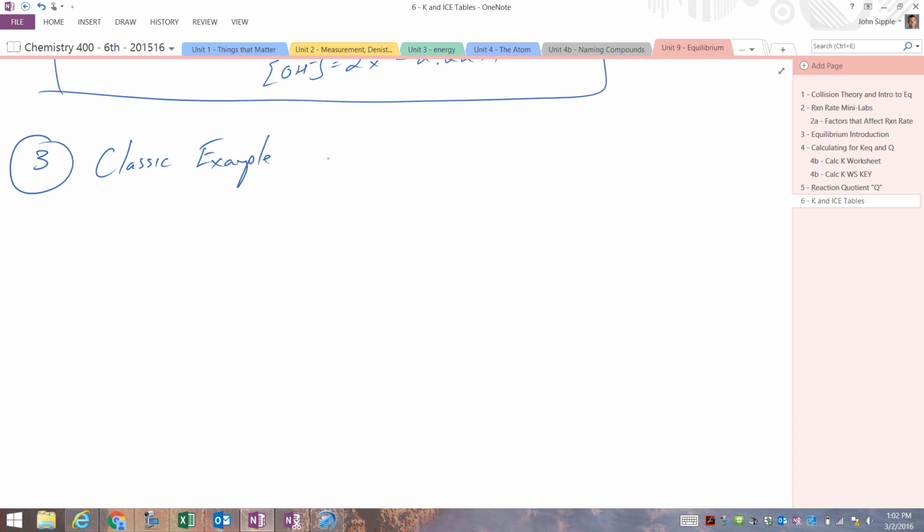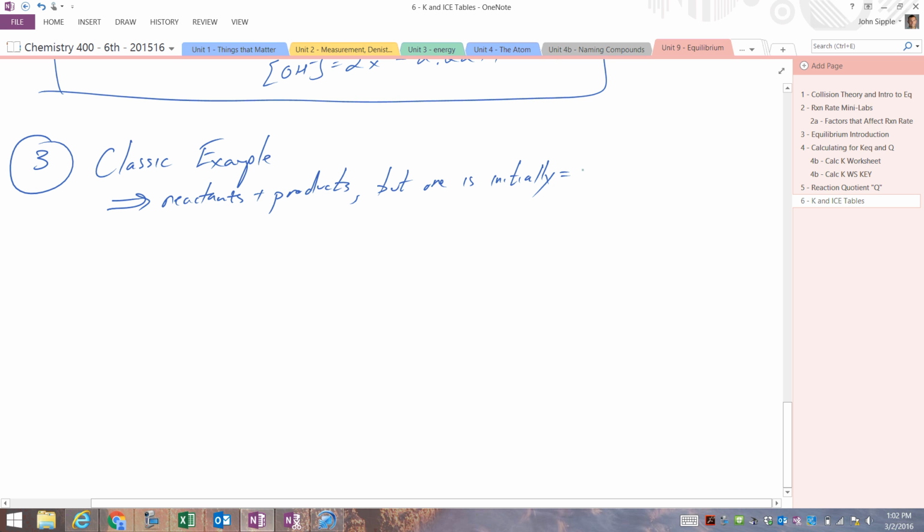So this is a more classic example, where we have reactants and products, but one is initially equal to 0.